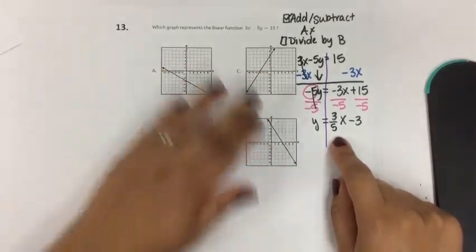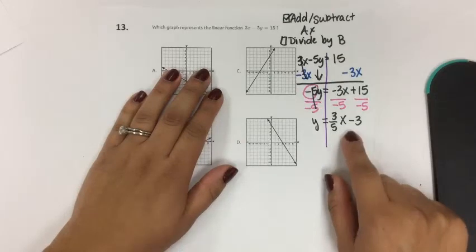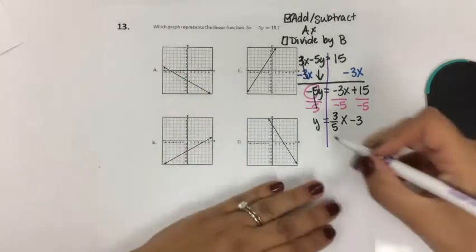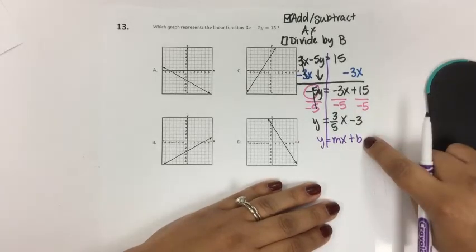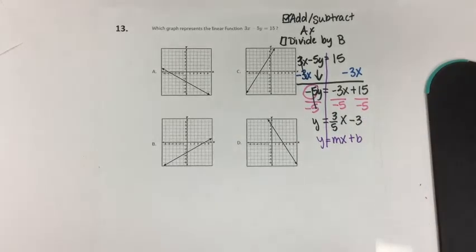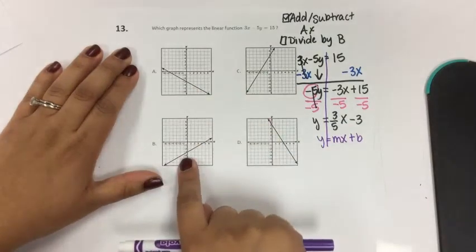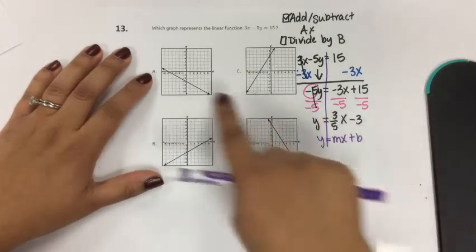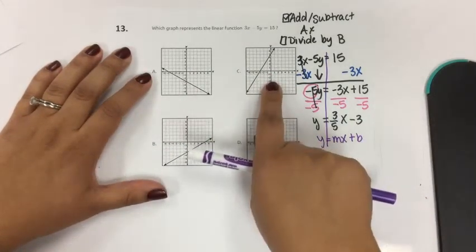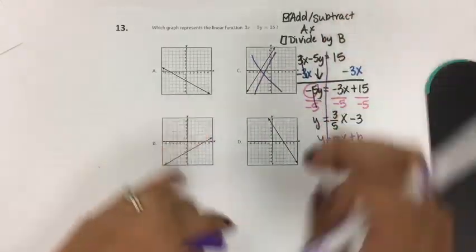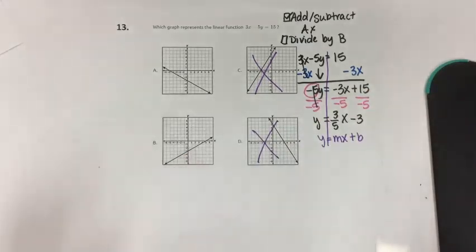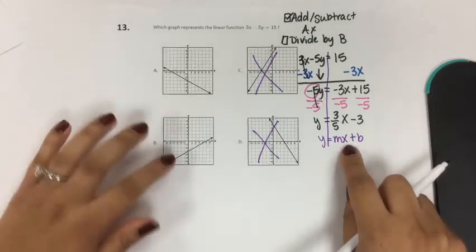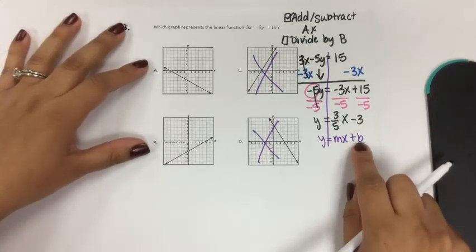can use process of elimination to help me graph this. So if this is in y equals mx plus b, begin with b, it's your y-intercept. We're going to see which of these graphs have a y-intercept at -3. So this one does. This one does not. I'm going to cross it out. This one does, and this one does not. Again, I'm going to cross it out. Okay, so I'm down to a and b, and now I need to look at my slope.